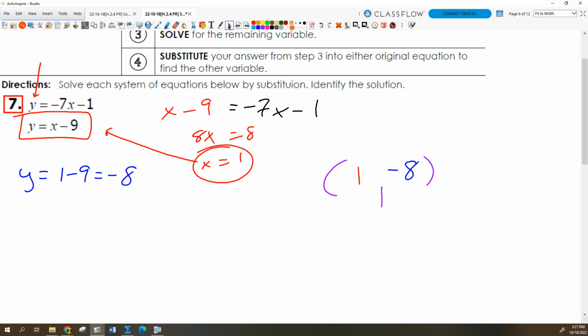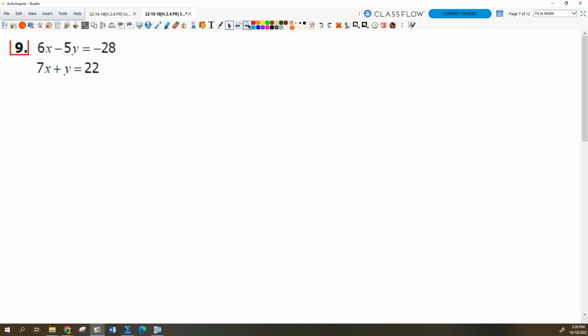Okay, let's try one more of these. How about this guy? Thumbs up or down? Is substitution an okay way to solve this system? Okay, I'm telling you, it's thumbs up. But there's clearly one variable that I should isolate here. Which one is it? Well, which variable should I isolate, get by itself? Y in the second equation. How come?